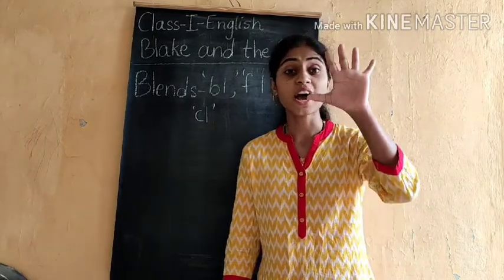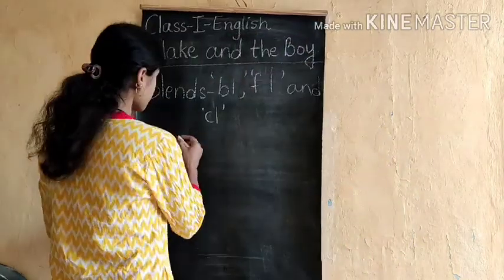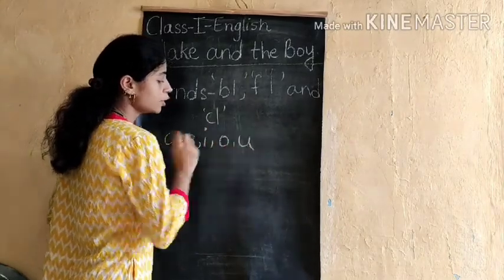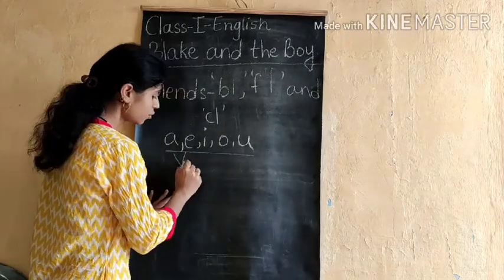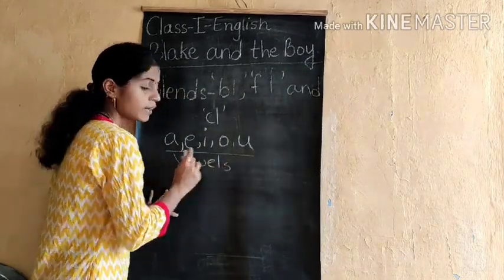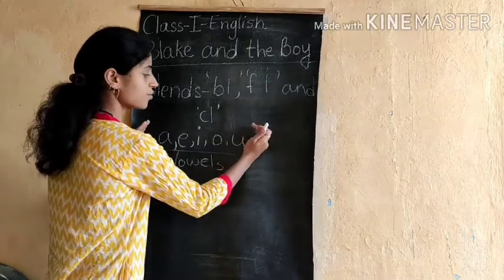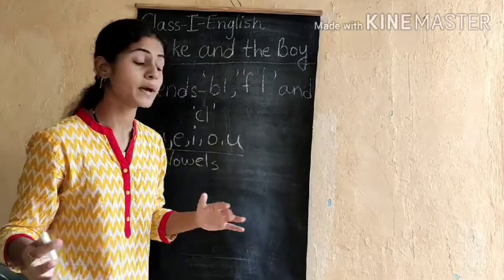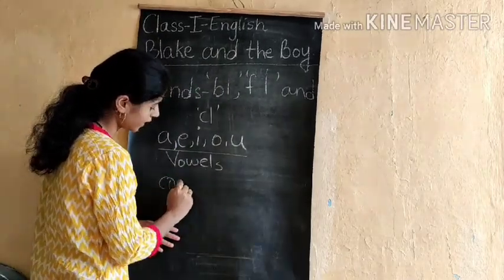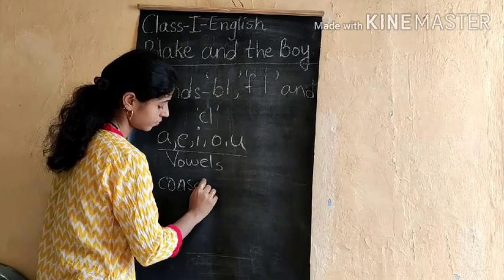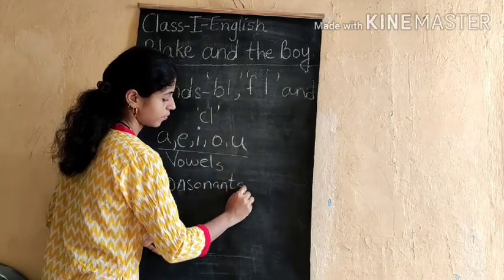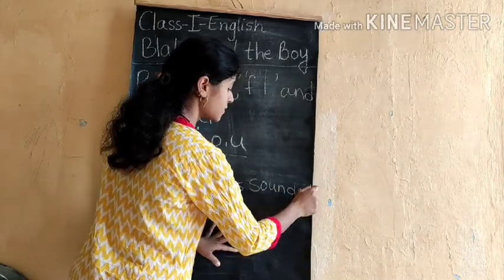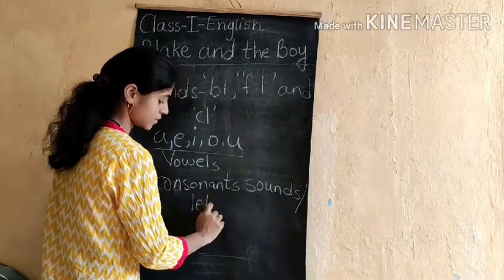There are 5 vowels in that: A, E, I, O and U. Other than these 5 vowels, the remaining alphabets are called consonant sounds, or you can say alphabets or letters.